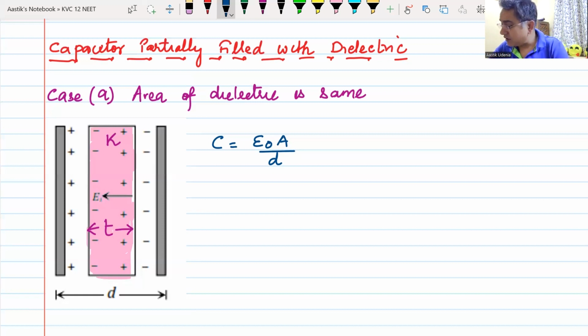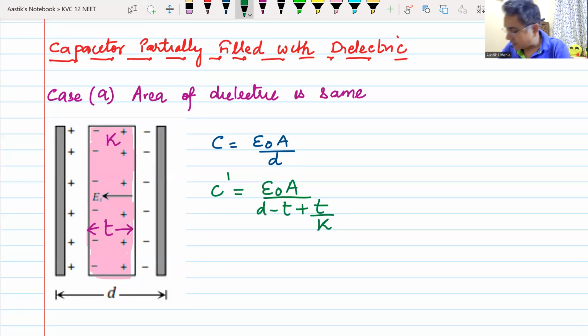Now, if I call the new capacitance C dash, remember the formula for the new capacitance: it is epsilon naught A upon (D minus T plus T by K). This is the new formula of capacitance.